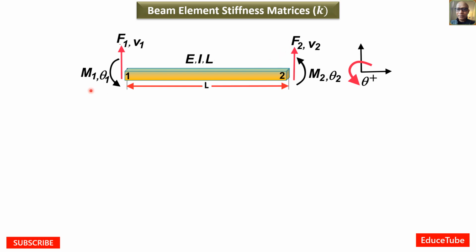So we can say that the beam is subjected to nodal forces. These are actually transverse shear forces F1 and F2, as well as nodal moments, I mean bending moments, M1 and M2 at both ends.